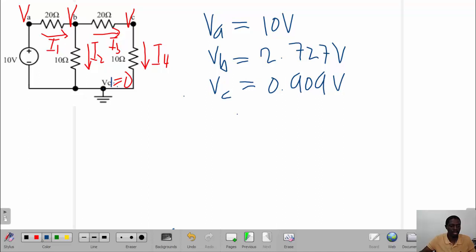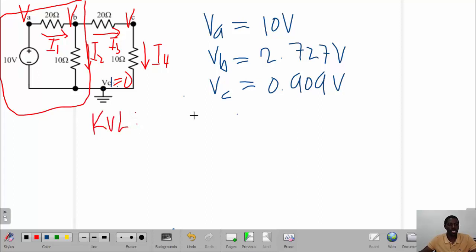How can we verify this? We can pick this portion of the circuit and apply KVL. So we know that Kirchhoff's voltage law states that the sum of voltages in a closed loop must be equal to 0. Or the voltage source must be equal to the sum of the voltage drops. So the voltage drop at the 20 ohm resistor plus the voltage drop at this 10 ohm resistor must be equal.